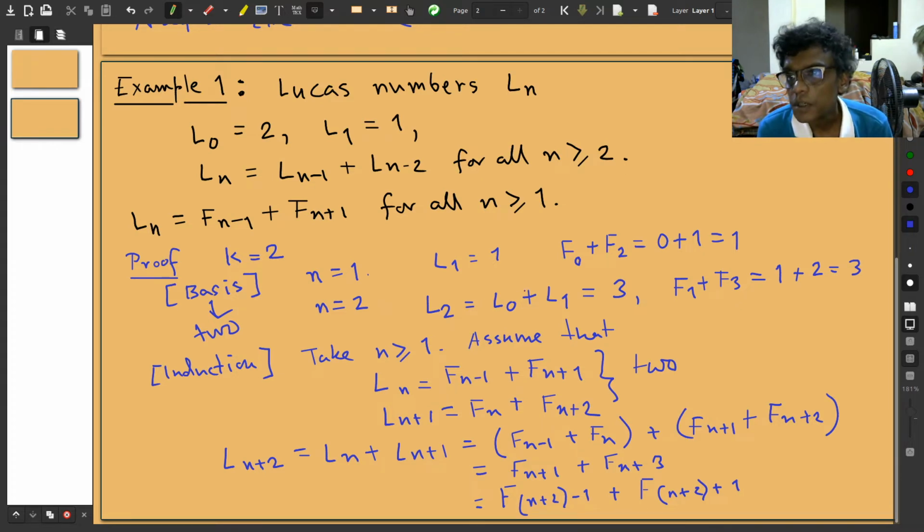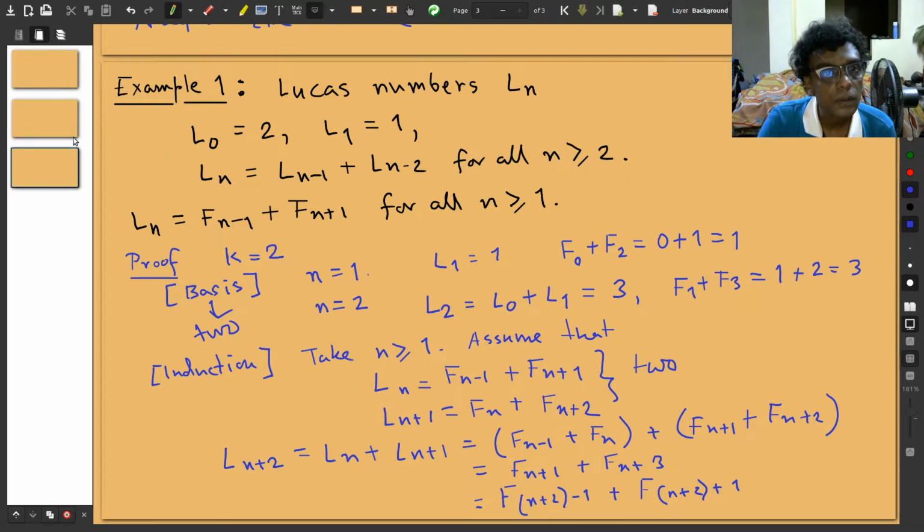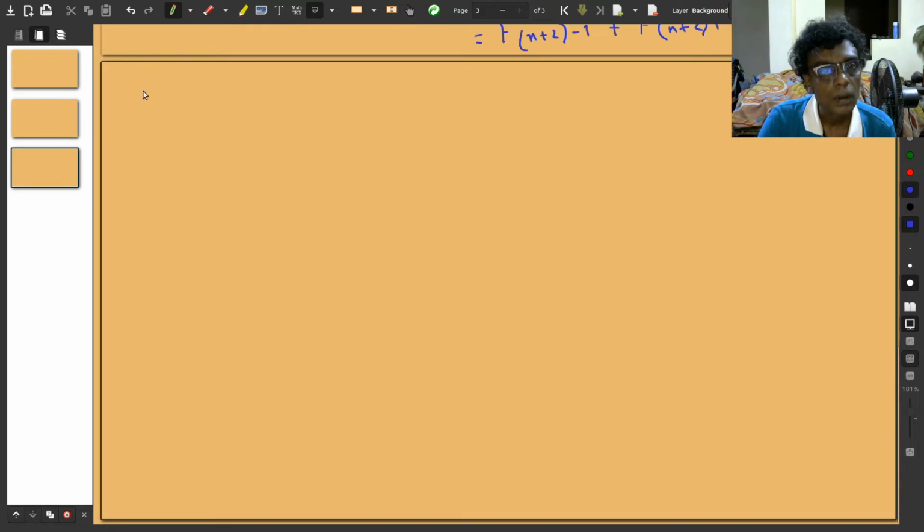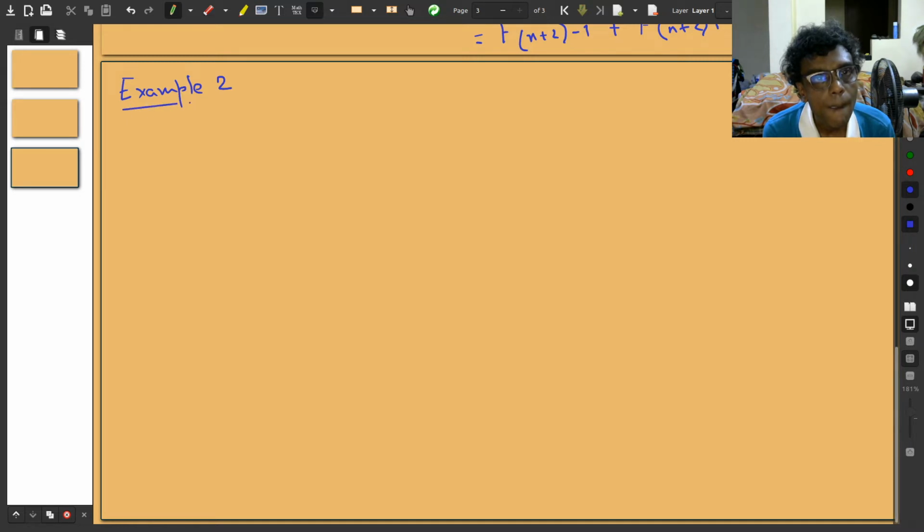Fine, so we proceed to another example. This is again a very interesting example. Okay, so I will come to the general result a little later, although I will not prove it, but let us work out an example.